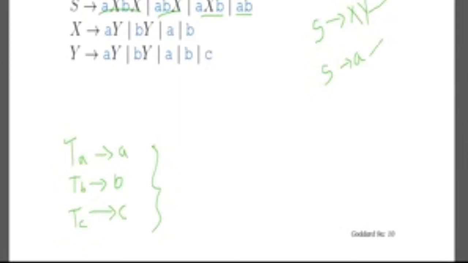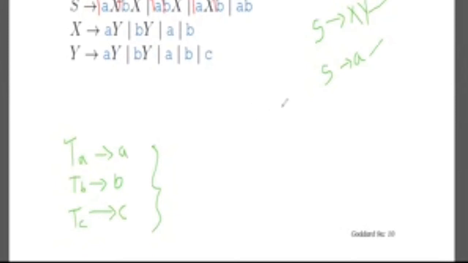Now what will happen to the given grammar is, here this will become TA, TB, and this is TA again, and this is TB. This is TA, this is TB.